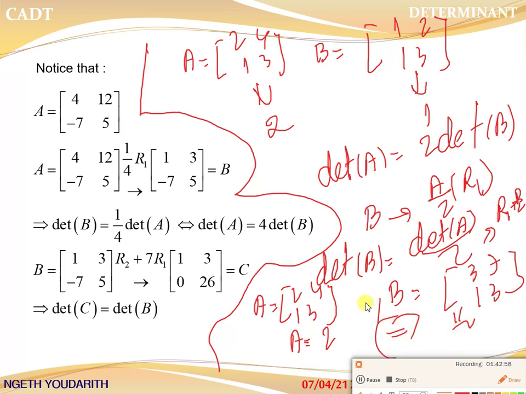When we add one row to another or subtract one row from another, the determinant is not changed. But when we divide a row by a constant, the determinant is changed by that number. This is the rule of our determinant.